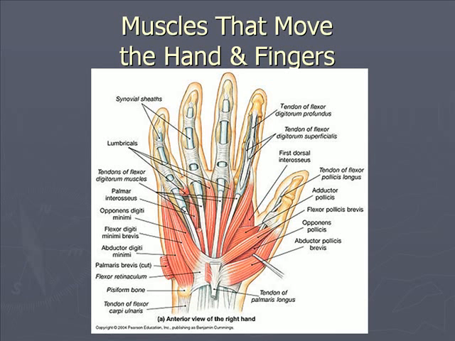We have so many fine movements of our hands. Similarly, in the feet, the anatomical structures, though just a bit different, are essentially the same. So many fine movements that are required by the muscles. The lumbrical muscles, as you can see, help us to be able to laterally move our fingers. The flexor digiti minimi brevis, adductor muscles, all these lie over each other to give us a number of movements of the hand.